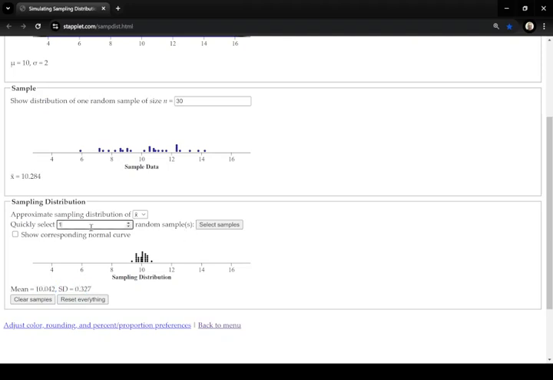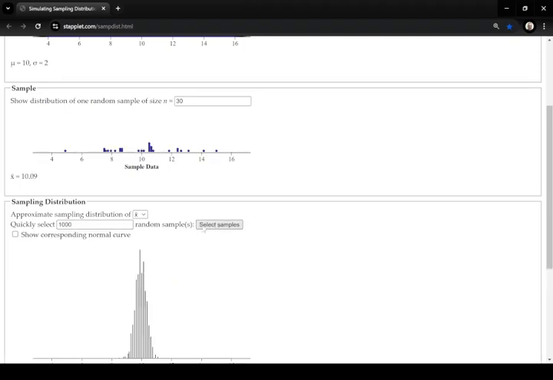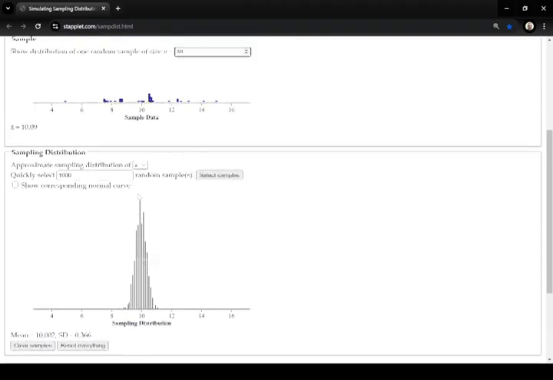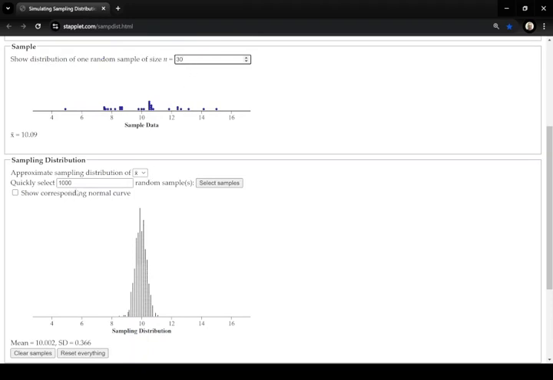But now what we're going to do is go huge and do this like 10,000 times. Let's do 1,000. So what did we just do? We took a sample of 30, found the mean, and put it on the dot plot. We did that again and again, a sample of 30 1,000 different times.